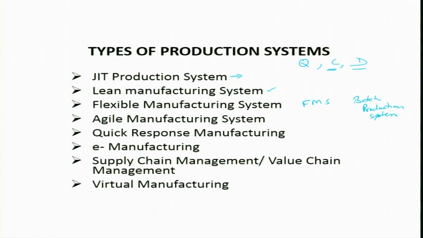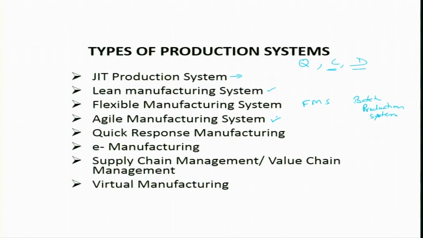In this, with the help of CNC machines and computerized programmed machines, you can change the settings of the machine very fast, and you can produce a good variety of products with the minimum changeover time.